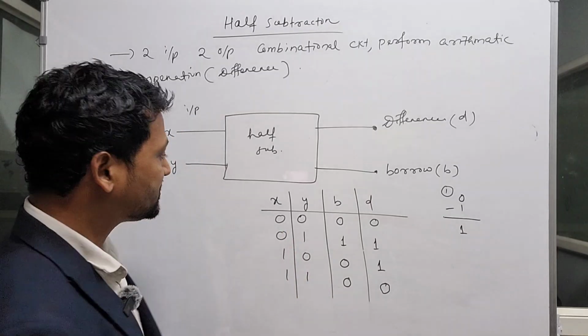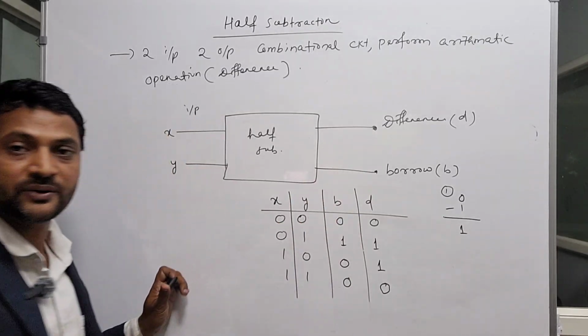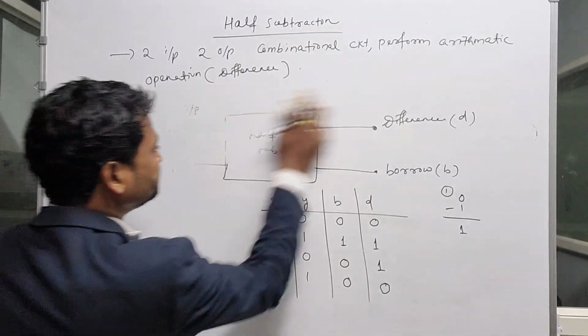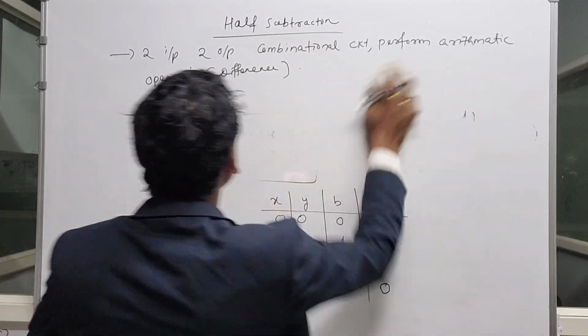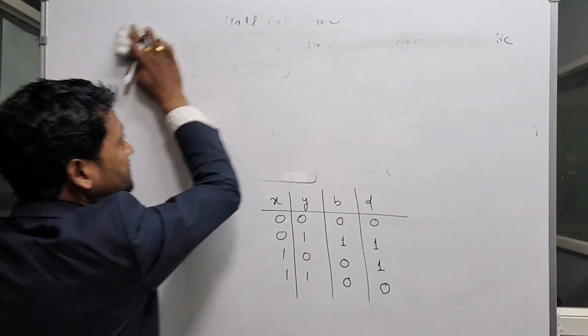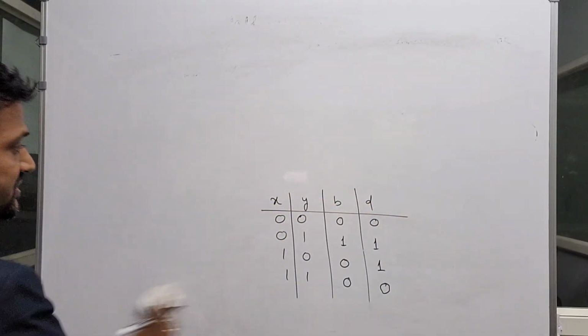Okay, so next, from that table, we'll write the equations of borrow and difference in SOP form, sum of product. So looking at that table, we'll write the equations of difference and borrow.